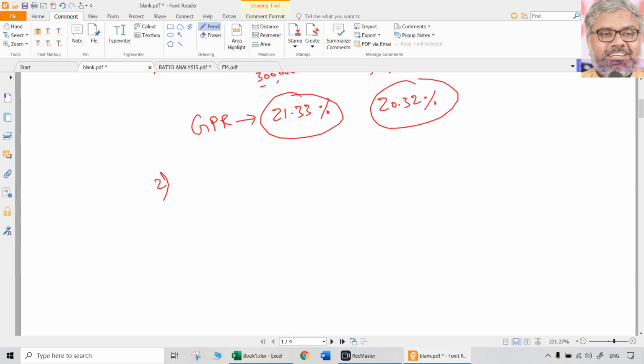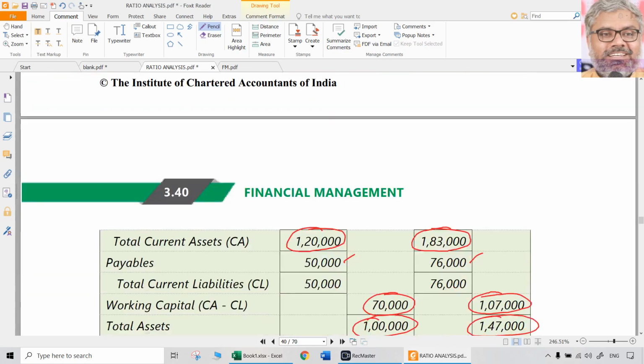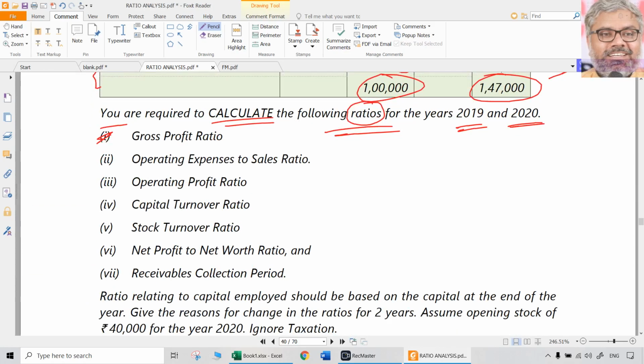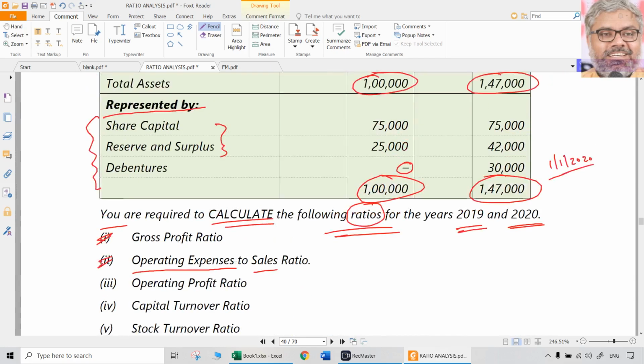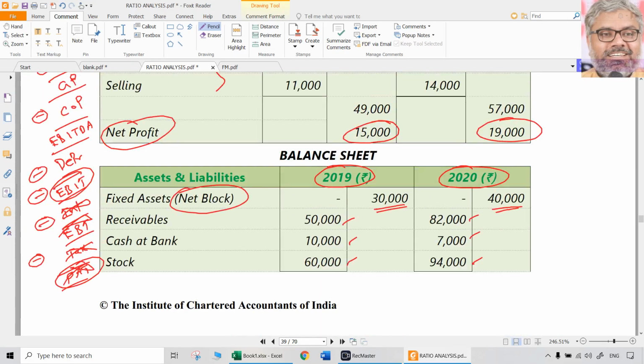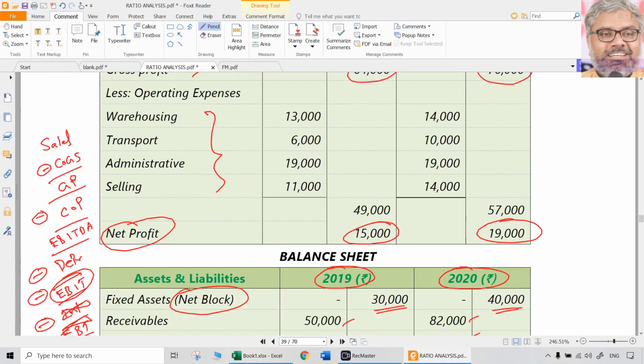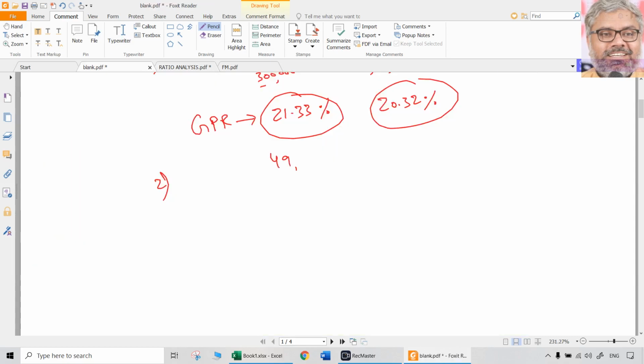Second, what was also asked? Operating expenses to sales. It is very clearly given. There is not any formula we should apply here, the formula itself is already given. Operating expenses to sales ratio means operating expenses divided by sales. What are operating expenses? Only operating expenses. The total of them is 49,000, 57,000.